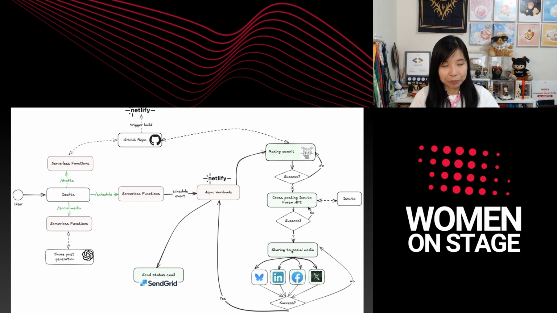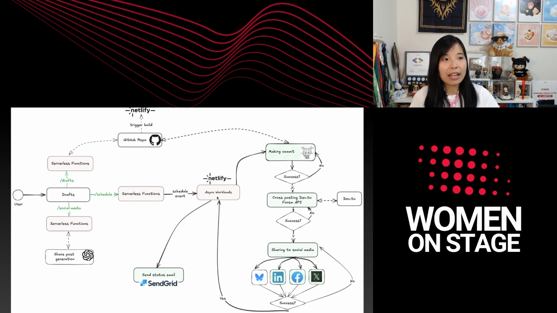So here it triggers all of this in asynchronous mode, for example publishing to Bluesky, LinkedIn, Facebook and Twitter at the same time. Whichever finishes will just continue the flow. And if one is not finished, it will stop right there.